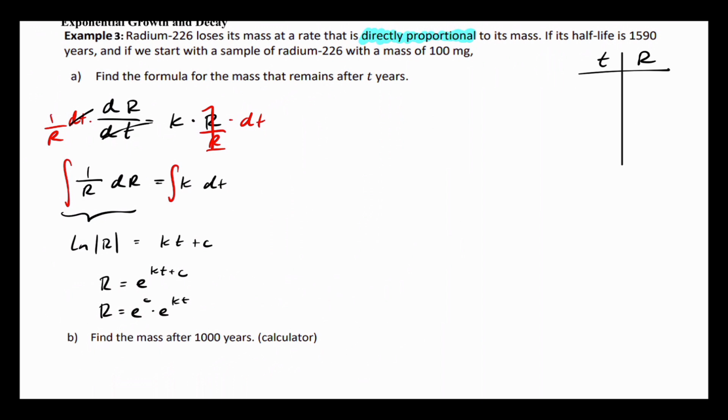What do we know about how much radium is left after a certain time? It's half, right? So do we know how much we start with? So at time 0, we start with 100. And then we're eventually going to have half, right? When are we going to have half?